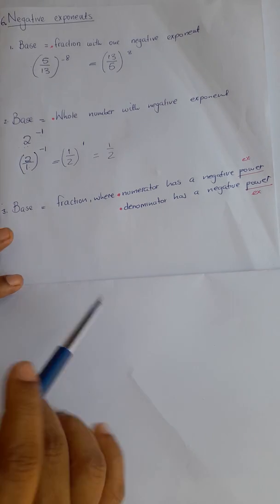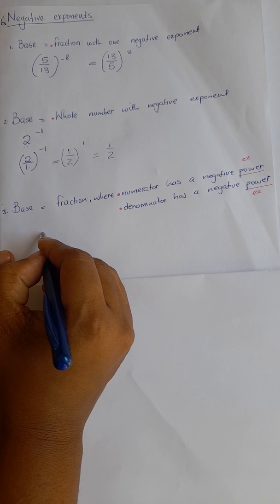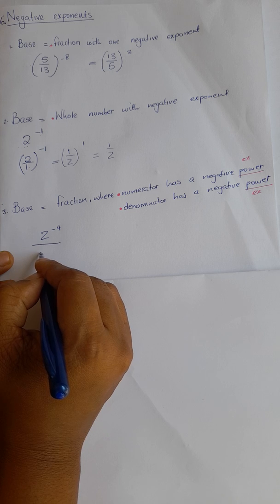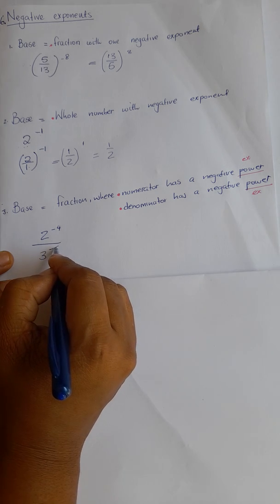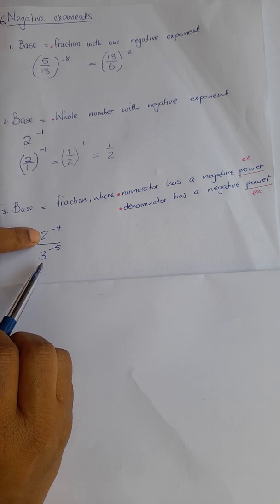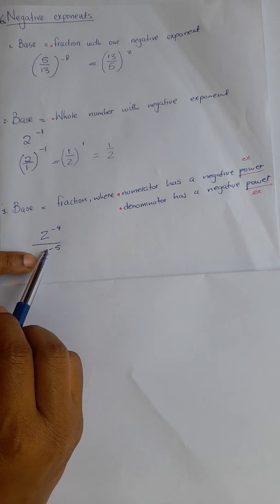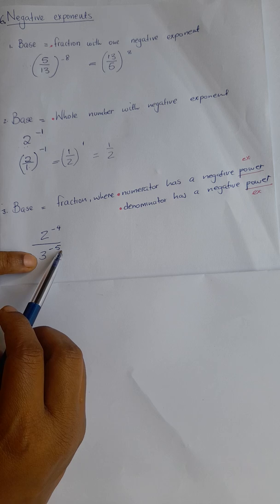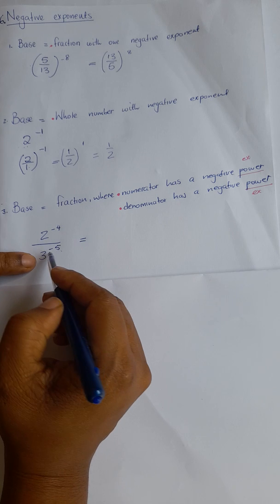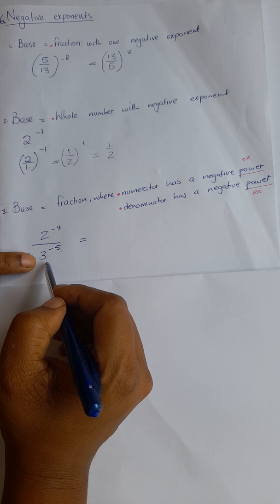Let's look at that example, still on page 31: 2 to the exponent minus 4 over 3 to the exponent minus 5. Our base is the fraction 2 over 3, but we have an exponent on the numerator and an exponent on the denominator. In this case, we will just swap the numerator and the denominator and make the exponents positive.